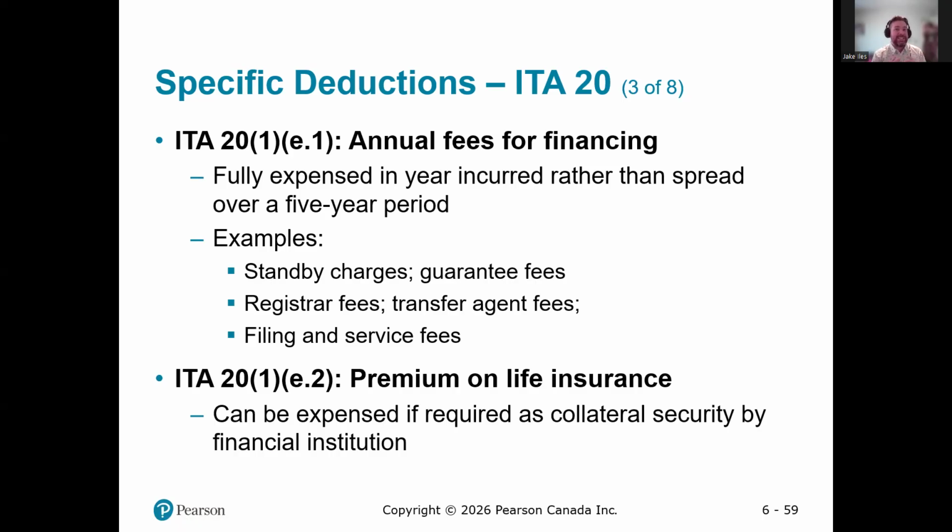So an individual is guaranteeing the loan, but if that individual passes away, well, now the bank might not get their money back. So they might require this individual have a life insurance policy taken out on them. Since it's now required for the bank to cover the loan, now it's deductible because it's related to that business activity of garnering financing.